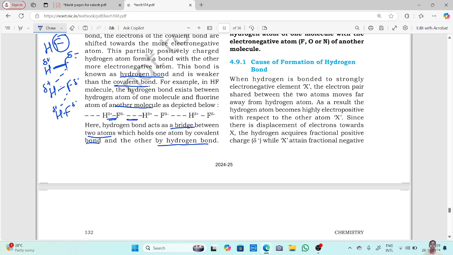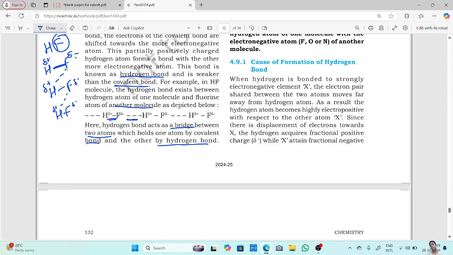As a result, the hydrogen atom becomes highly electropositive with respect to the highly electronegative atom. Since there is displacement of electron towards X, the hydrogen acquires a fractional positive charge or partial positive charge.